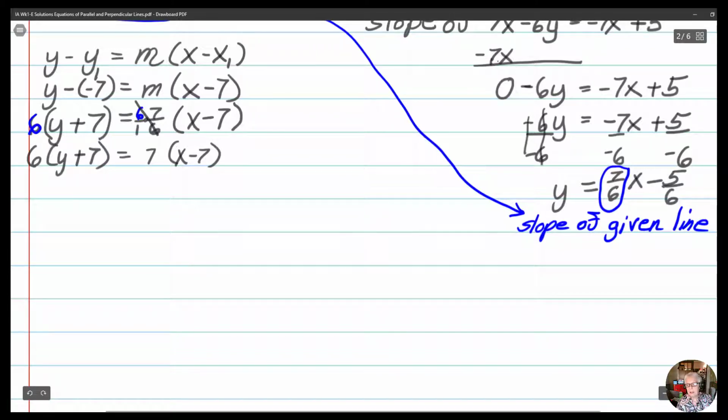And now I will distribute. 6y plus 42 equals 7x minus 49.